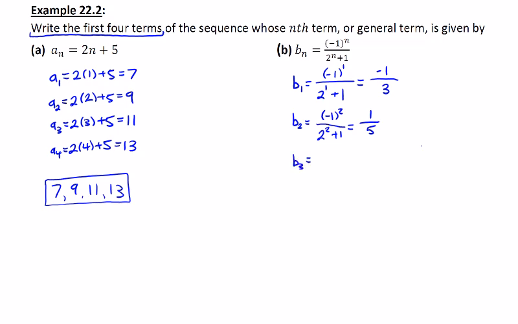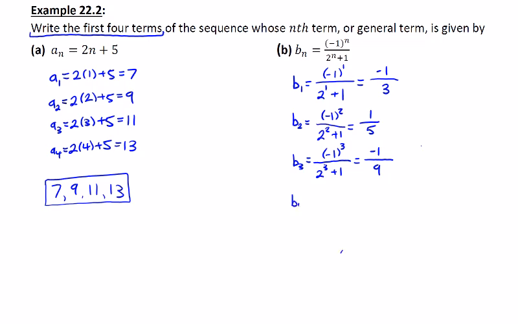B3 will be negative 1 to the third divided by 2 cubed plus 1. That goes back to being negative 1 for the numerator, and 2 cubed plus 1 gives us 9 for the denominator, so negative 1/9 is our third term.